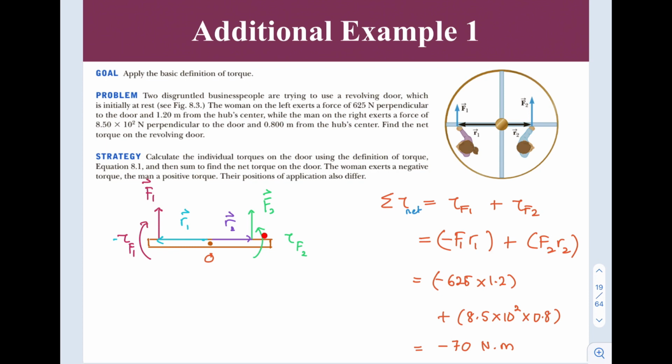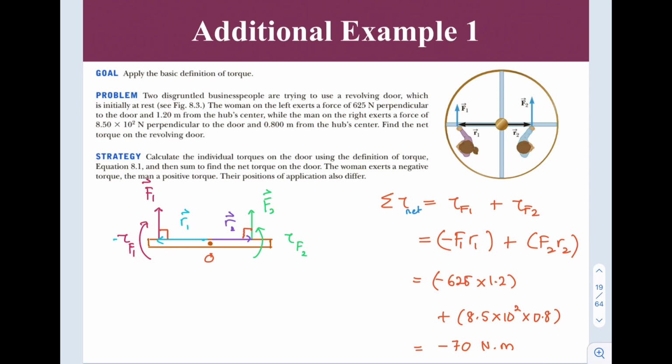For the man, the tendency to rotate is counterclockwise, so the torque due to the man is going to be positive. The net torque on the system is equal to the torque due to F1, the woman, plus the torque due to the man. Remember, for the woman it has a negative sign because the direction is clockwise, and there is no sine theta because R is already perpendicular to F1, and the same goes for F2.